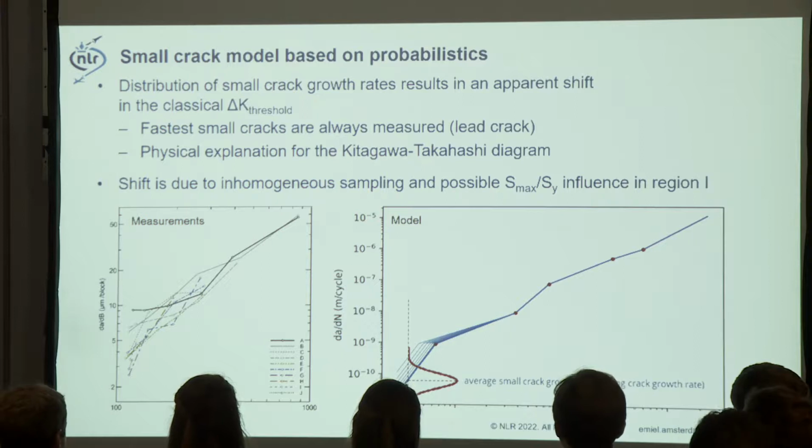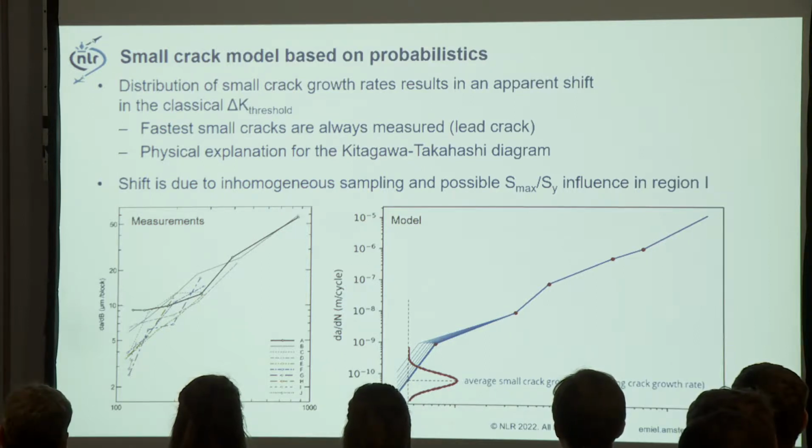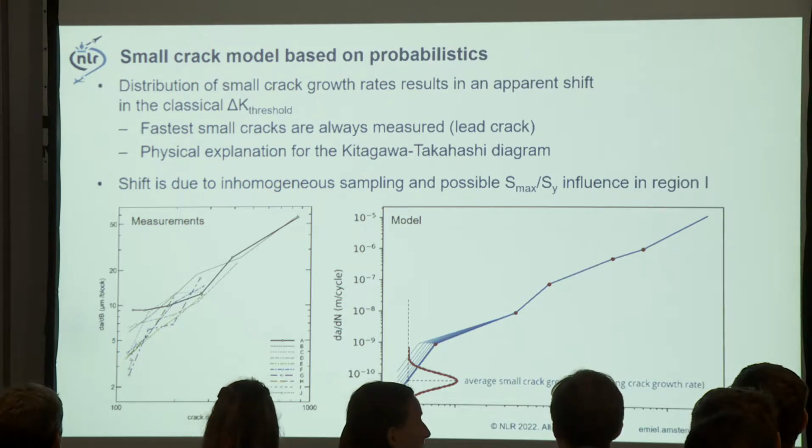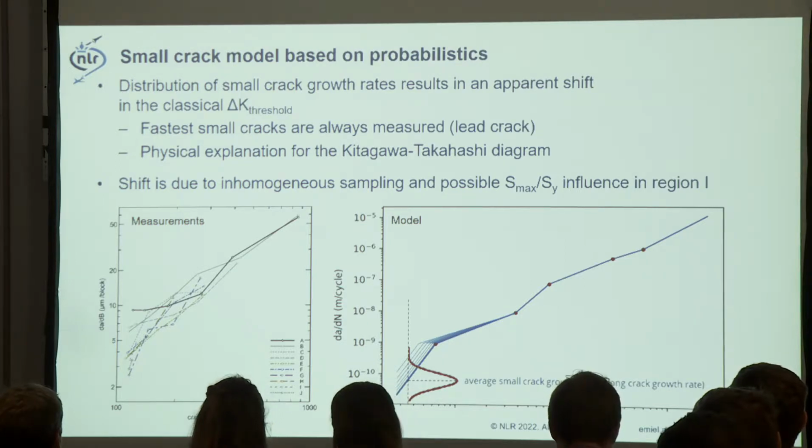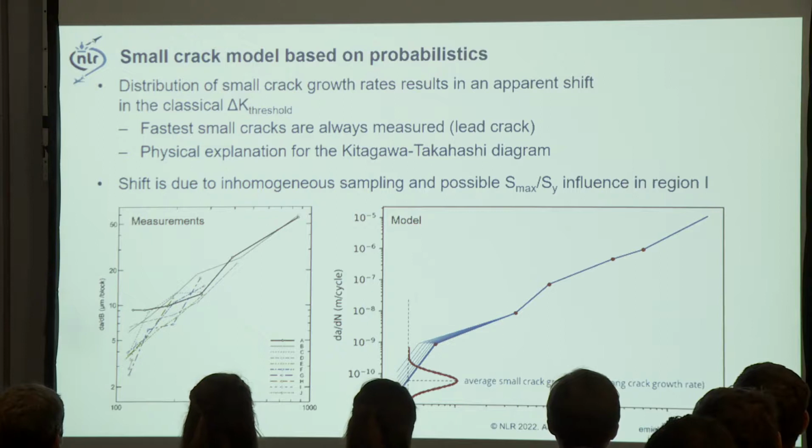This is also the physical explanation, in our opinion, for the Kitagawa-Takahashi diagram. Basically it's due to the inhomogeneous samples, because we always measure the fastest cracks, compared with the long crack, which usually grows from one notch in the specimen and across multiple grains.